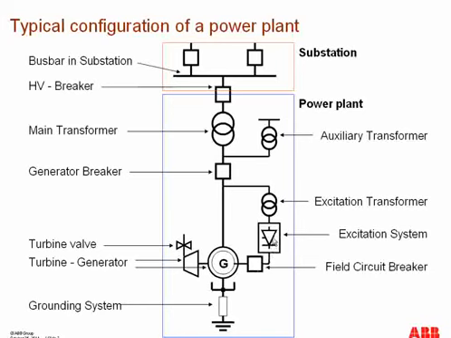We have the excitation system as well as the excitation transformer. Then we have the generator breaker. We have the auxiliary transformer, and then we have the main step-up transformer, and then we have the HV breaker, and then we are connected to the bus bar of the substation. So this is the typical configuration of a power plant.